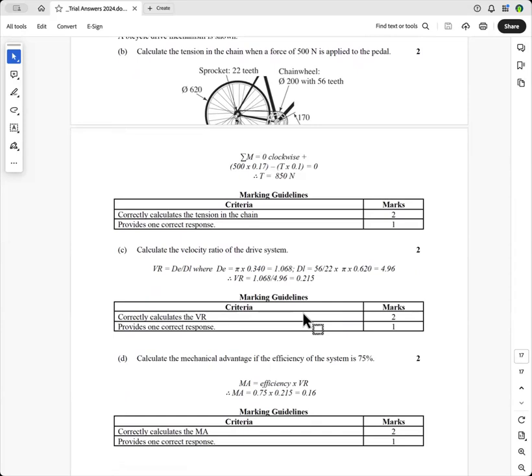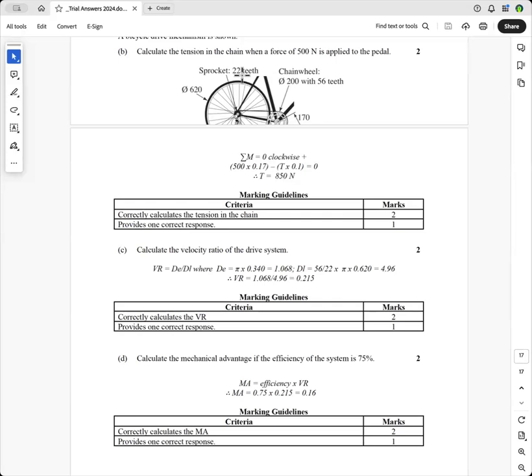Calculate the velocity ratio of the drive system. Velocity ratio is the distance the effort moves over the distance the load moves. And you notice here that you've got 56 teeth here and you've got 22 teeth there. So the velocity ratio of the chain system will be 56 over 22.